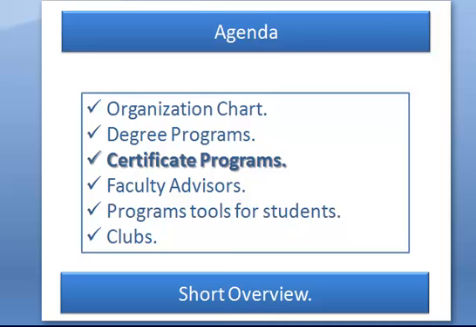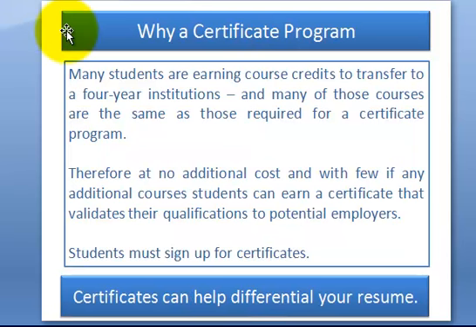In addition to that, there are what are called certificate programs. Certificate programs, as opposed to degree programs, which generally take 4 semesters, can be completed in 1 semester or 2 semesters. So why certificate programs?